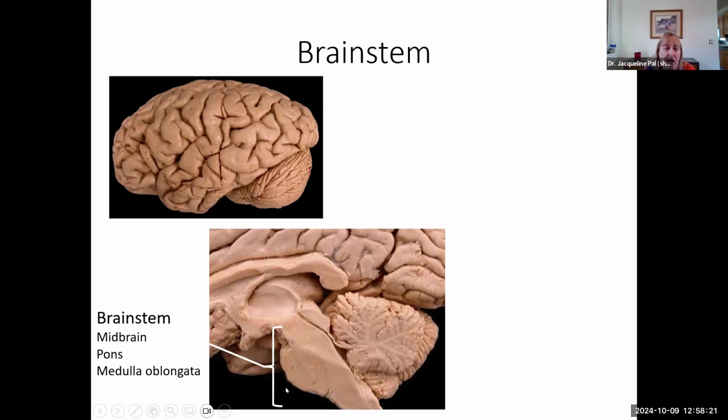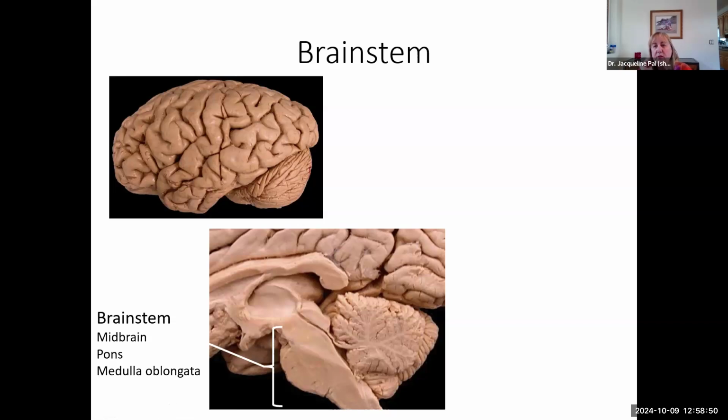Think pregnant with a P. Okay, this P area, draw a line at the top of the pregnant belly, draw a line at the bottom of the pregnant belly. So all of this area right here, that would be the pons. The area right above it, so this plus the two little humps here. So all of this area, that would be the midbrain. And then this area below the pregnant belly, that would be the medulla oblongata.